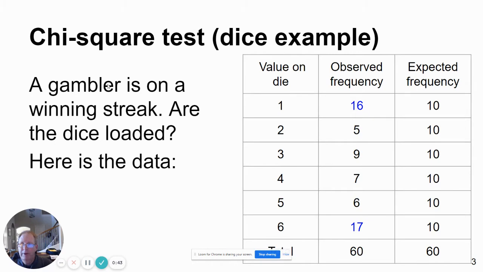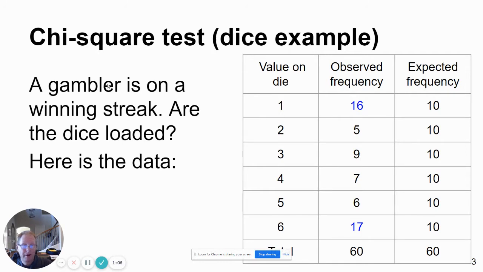So suppose someone rolls a die 60 times and we get the outcomes that are in the second column there. Now, if you roll it 60 times and the die is fair, then you would expect on average 1/6 of the outcomes to be a 1 and 1/6 of the outcomes to be a 2.